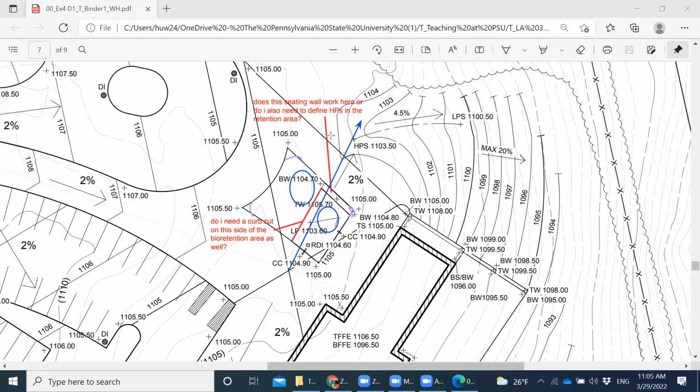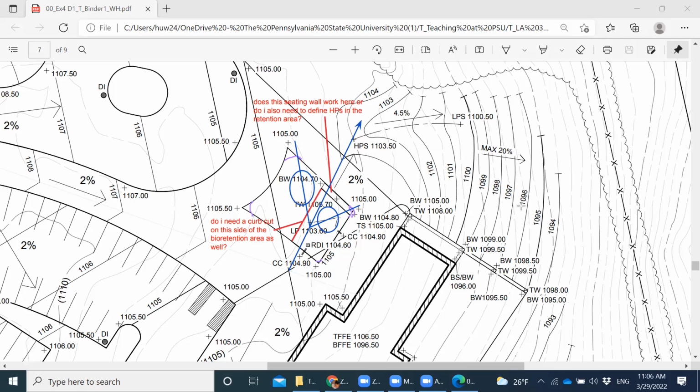I think it's okay not to separate them because they are basically at the same elevation. The elevation is like this, and then eventually they all drain out to an RDI. Because of lack of elevation difference, I wouldn't separate them. Otherwise you have to create additional berms and an additional RDI, and I think it's not necessary to have two RDIs.